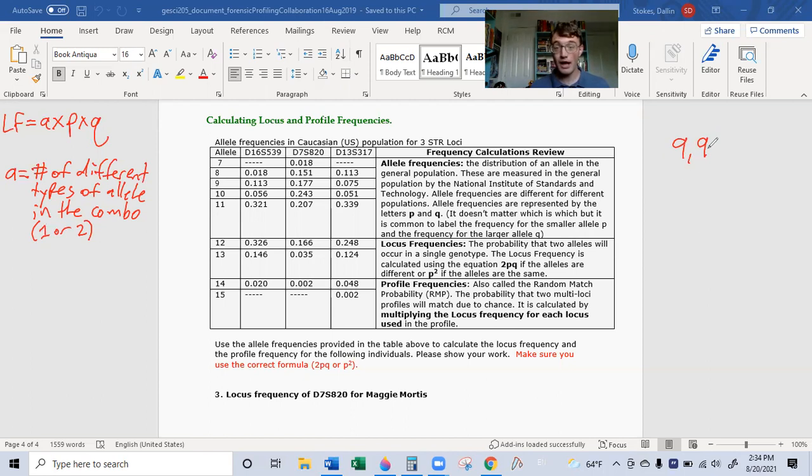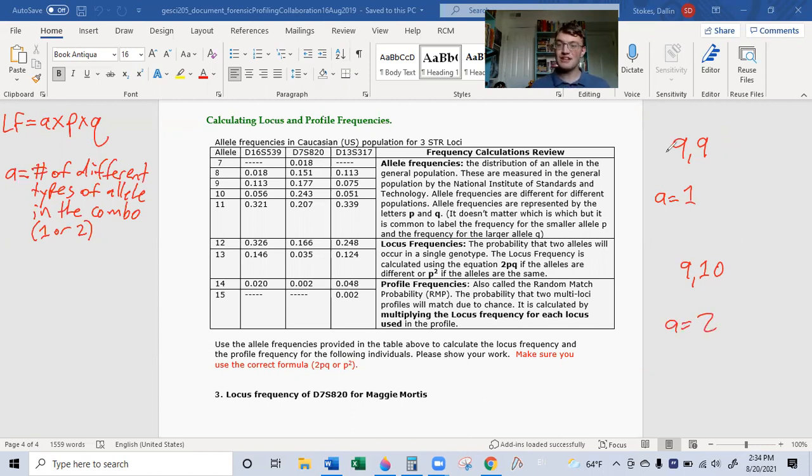Well, they only have one, because both of them are the same. They have a 9 allele. That's one type of allele. So A for a 9-9 combo would be 1. A equals 1. If we have a 9-10 combo, they've got two different kinds of allele in their combo. A 9 is different from a 10. So A is equal to 2.